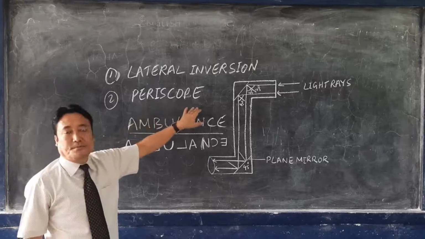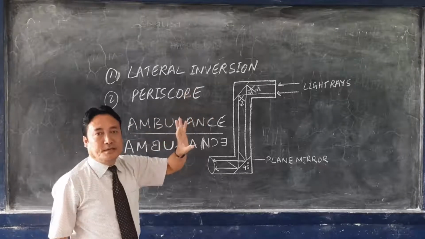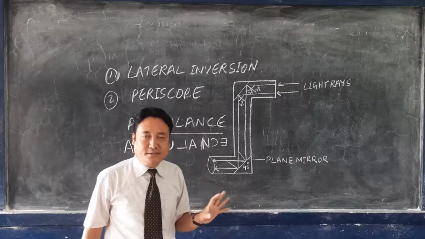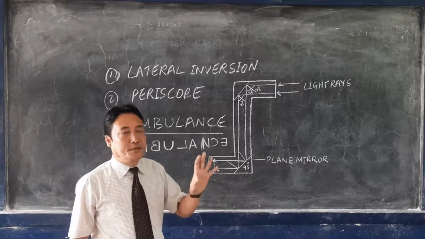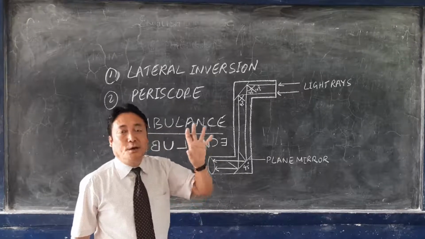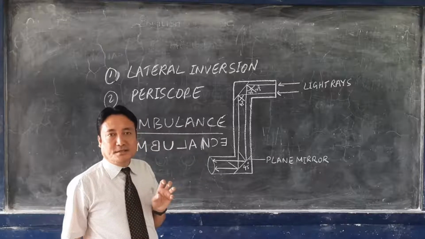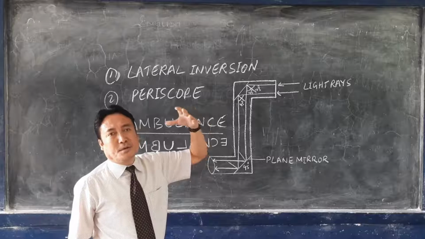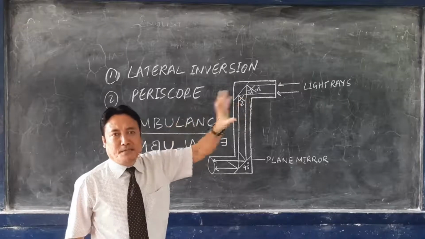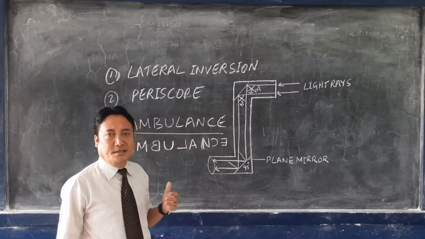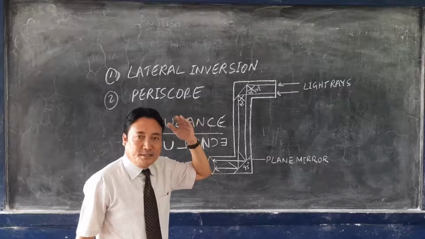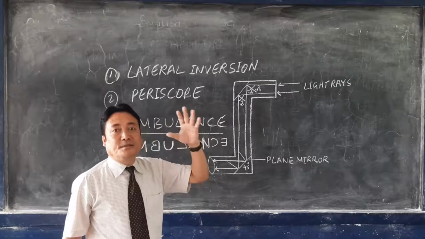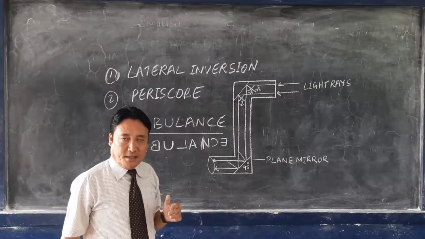Next one was the periscope. Periscopes are used in submarines. These are used to see crowds, the heads of enemies, and at longer distances, to see enemies coming or passing. These are used in submarines especially, so that through this periscope we can see the heads of people.